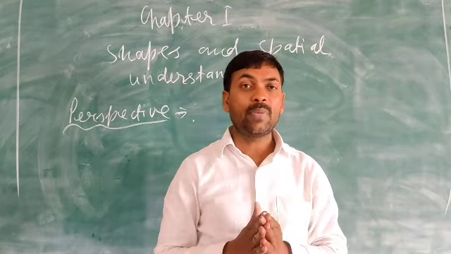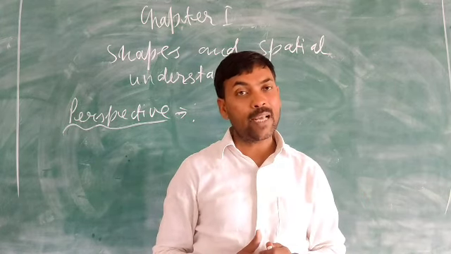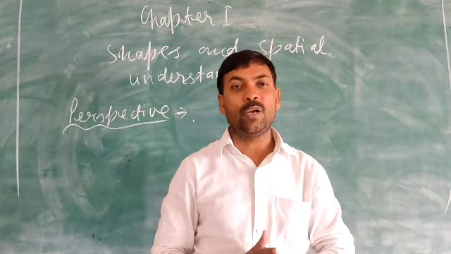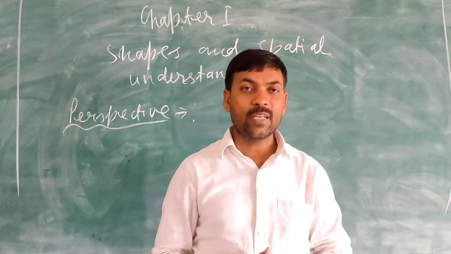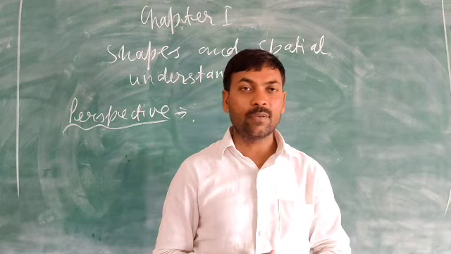Actually, they never meet. Parallel sides never meet. But due to the illusion of eye vision, the parallel sides seem to meet at a certain point. That certain point is known as the vanishing point. This is the second definition of this chapter, vanishing point.